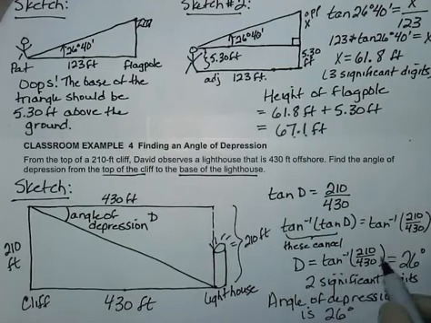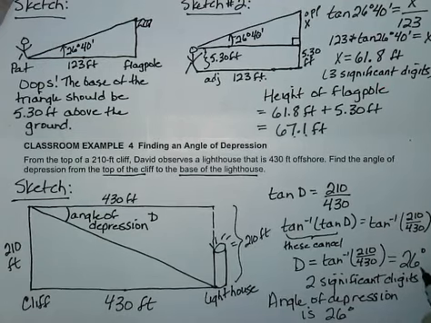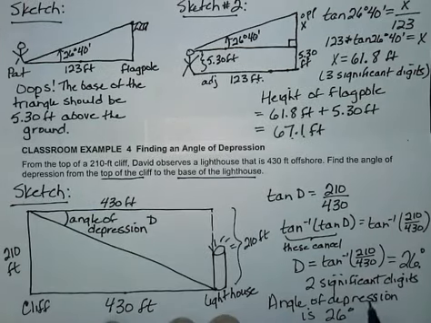So I'm doing inverse tangent of 210 over 430, and that gives me 26 degrees. This time I'm rounding to 2 significant digits, because if I look at these measurements, these were both to the nearest 10 feet. So those only have 2 significant digits, and I'm rounding this one to 2 significant digits. The answer to my question is that the angle of depression is 26 degrees.